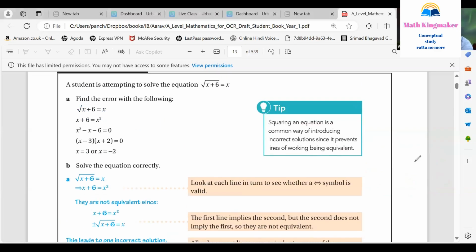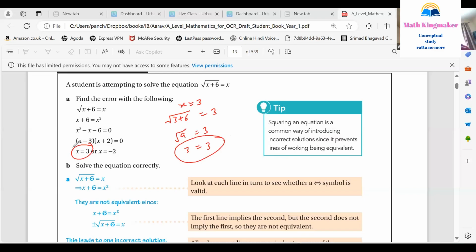What is the correct way to check? For the LHS, you just put x equal to 3: root of 3 plus 6 is 3. On the right-hand side, it is 3. So root 9 equals 3, so 3 equals 3. That means this is okay. But if you put x equal to -2 here, you get 2.